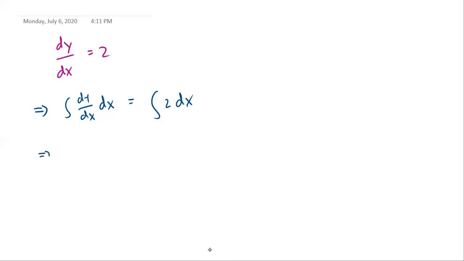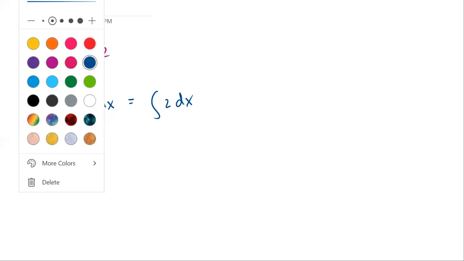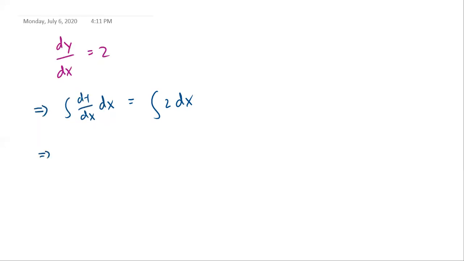So to find this left-hand side, by the fundamental theorem of calculus, just find one such antiderivative. y works, and then you add c. Now all functions whose derivative is dy/dx have this form. We simplify the right-hand side. The integral of 2 with respect to x is 2x, and of course, plus a constant.